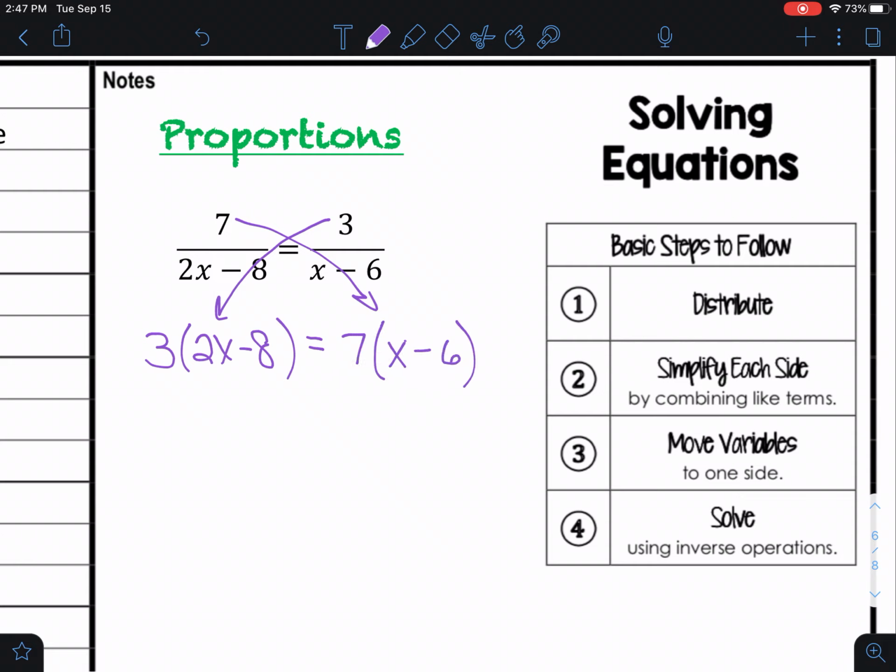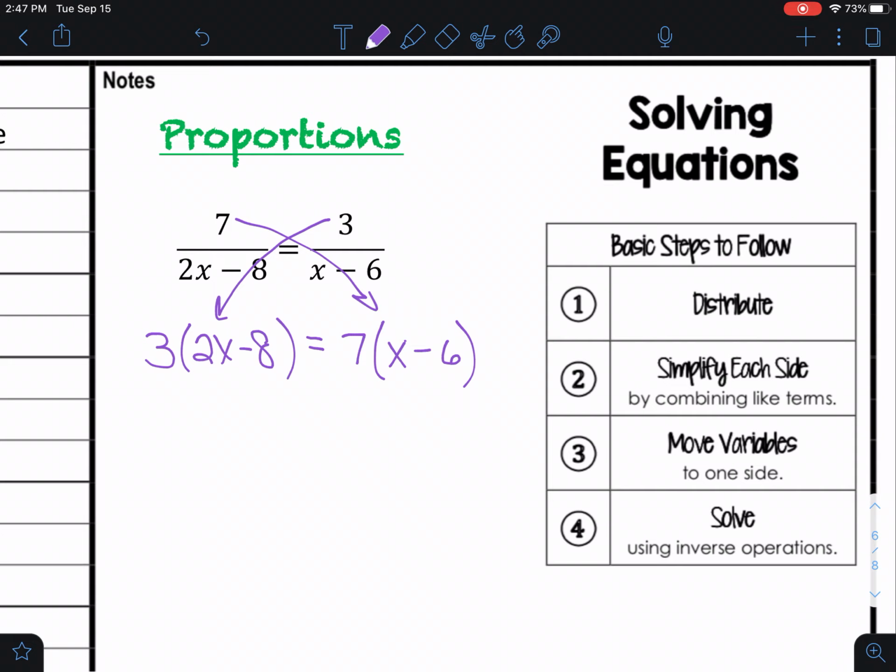So you need to put that binomial on both the denominators there in parentheses. So now I can look at my steps here and follow those. But I had to remember how to solve proportions first. Okay, so now here we go. 6x minus 24 is equal to 7x minus 42.